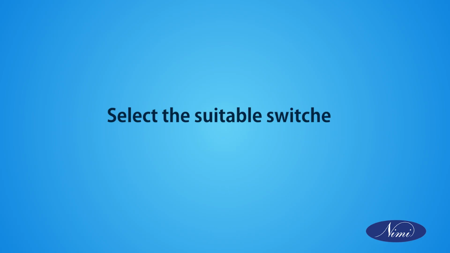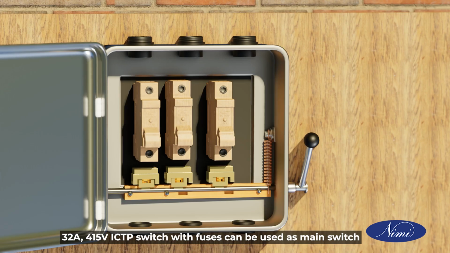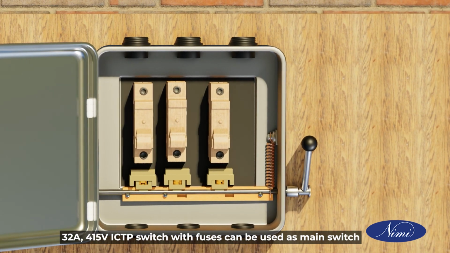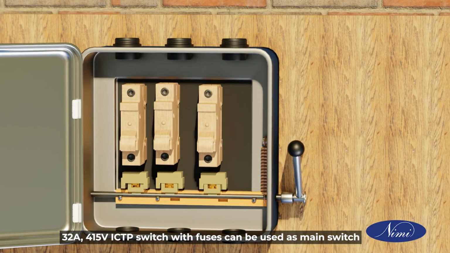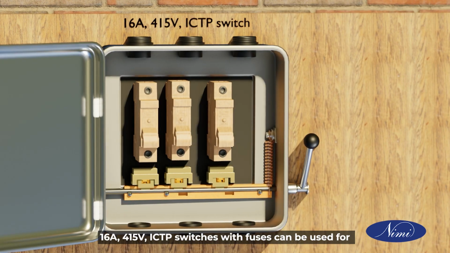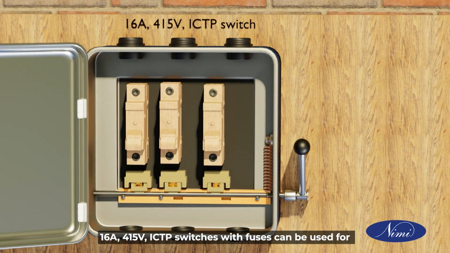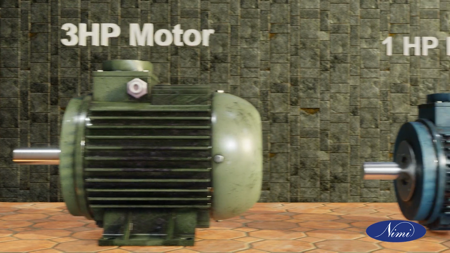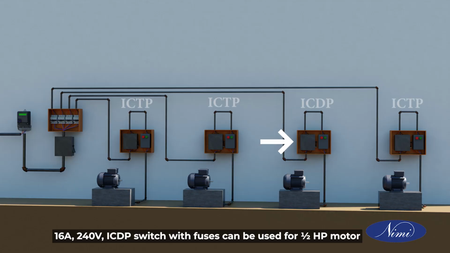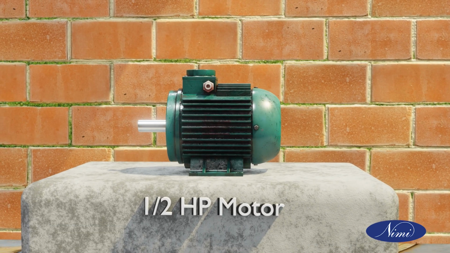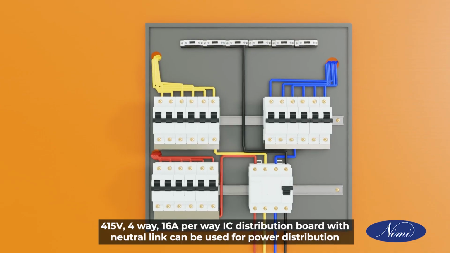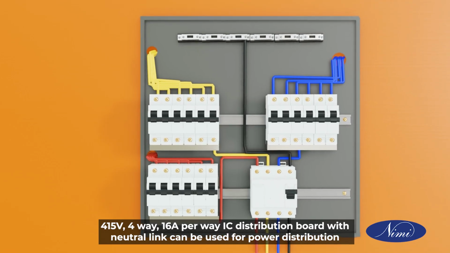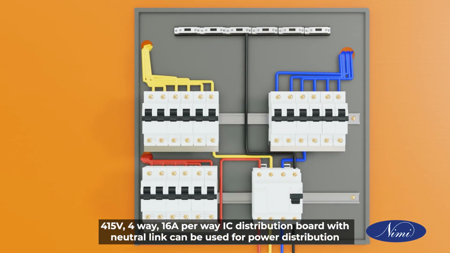Select the suitable switches and distribution board. 32 amps, 415 volts ICTP switch with fuses can be used as main switch. 16 amps, 415 volts ICTP switches with fuses can be used for 5 HP, 3 HP and 1 HP motors. 16 amps, 240 volts ICDP switch with fuses can be used for half HP motor. 415 volts 4-way 16 amps per way IC distribution board with neutral link can be used for power distribution.